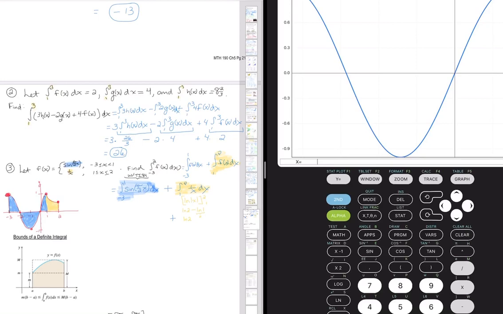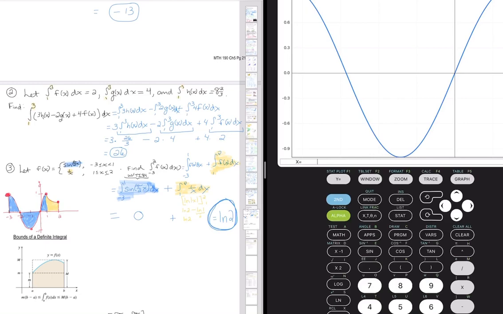So in reality, this area right back here came out to be 0. So our final answer is really going to just be the natural log of 2. So that is our final answer to this definite integral.